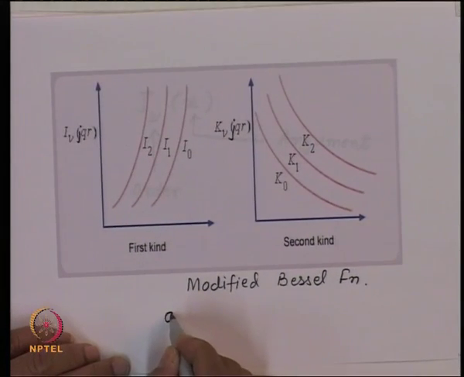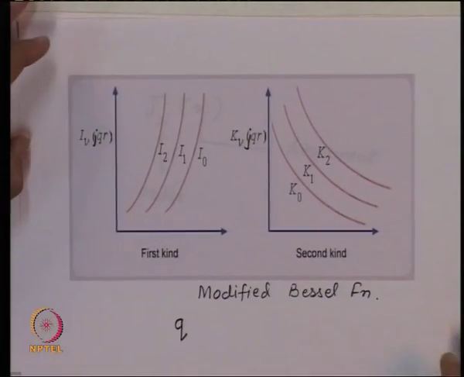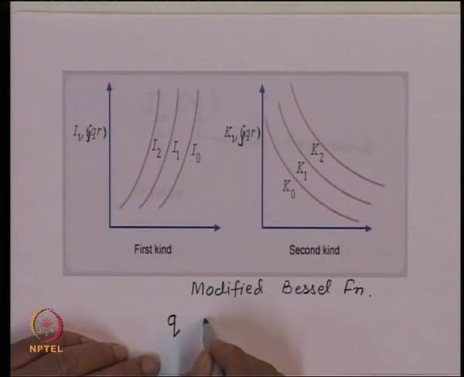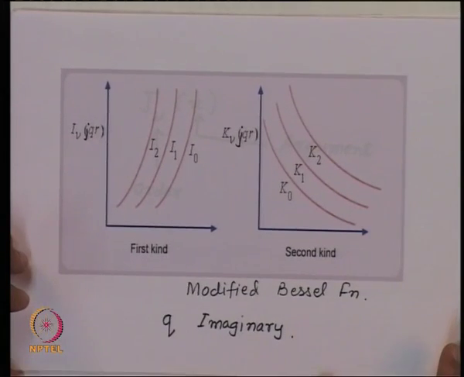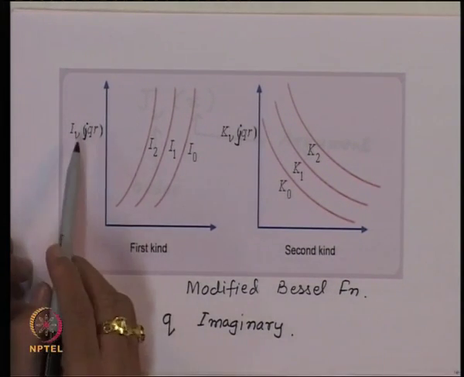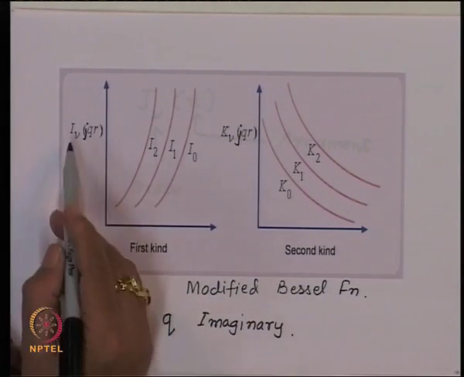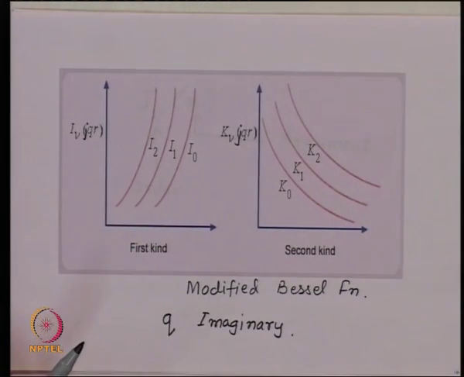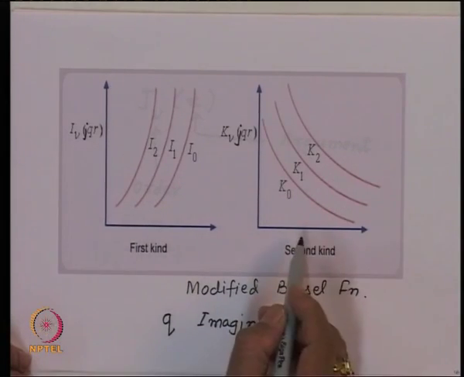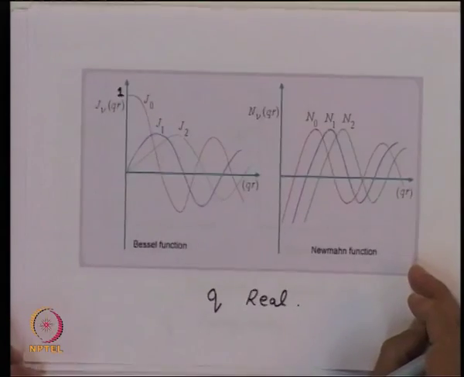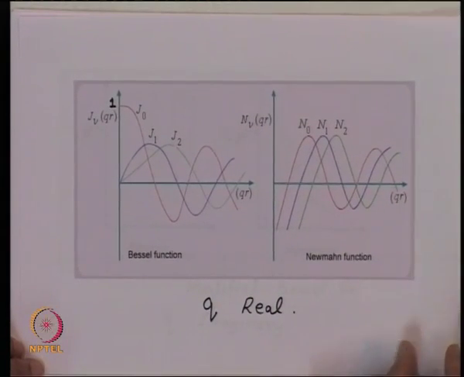So if q is imaginary, then we get a solution to the Bessel's equation, which are called the first and second kind of modified Bessel functions, and are denoted by I and K. If I look at this behavior now, in contrast to the behavior of the Bessel functions when q was real, there is a striking difference between the two.